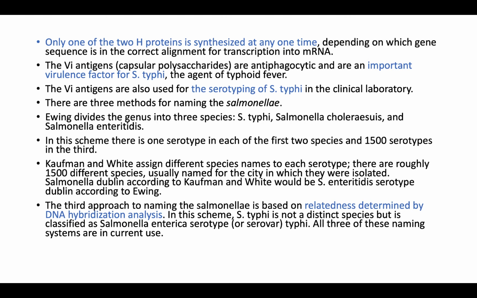In this scheme, there's only one serotype for each of the first two, and for the enteritidis 1500 serotypes. طلعوا في غيرهم, this Kaufman and White, which assign different species names to each of the serotypes. There are roughly 1500 different species, عادة, named for the city in which they have been discovered.